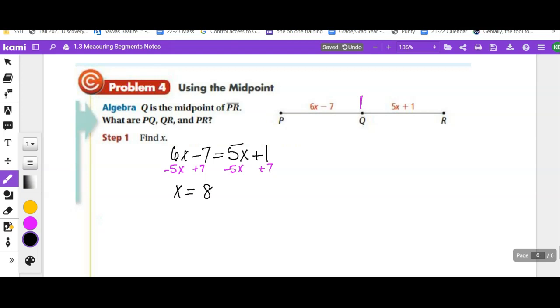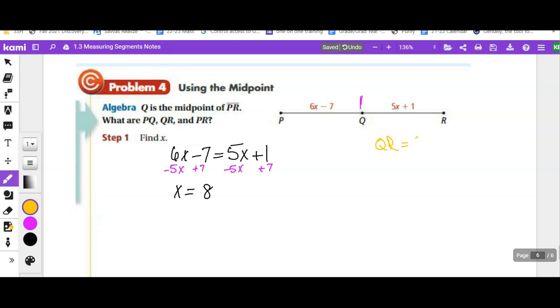So now, what do I need to do? Well, I need to find PQ and QR, and in turn, I also need to find PR. So let's find QR first. I like the way these numbers look. I think it'll be easier to work with.